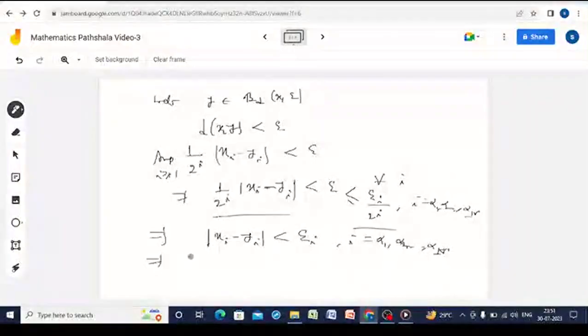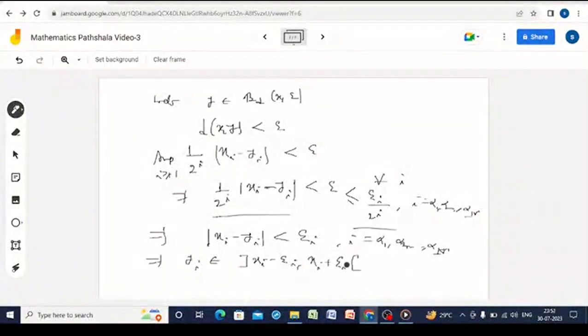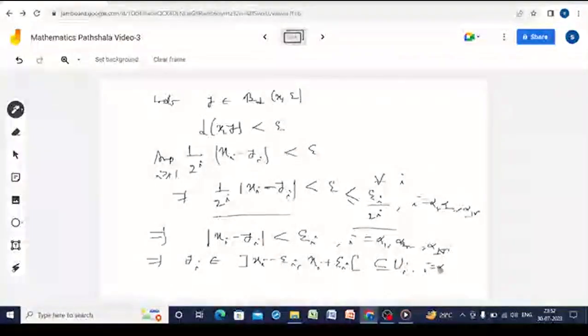And that means our yi belongs to the open interval (xi minus epsilon i, xi plus epsilon i), and that is also a subset of Ui for i equal to alpha 1, alpha 2, up to alpha n.